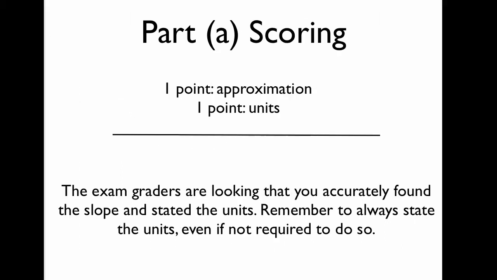If we look at the scoring for this question, this part was worth 2 points. One for your approximation, so 1.6, and a second point for the units. Now notice on the approximation, you want to show that work. Just saying 1.6, doing that in your head, could cause a loss of points here. On all the free response questions, you want to show your work.